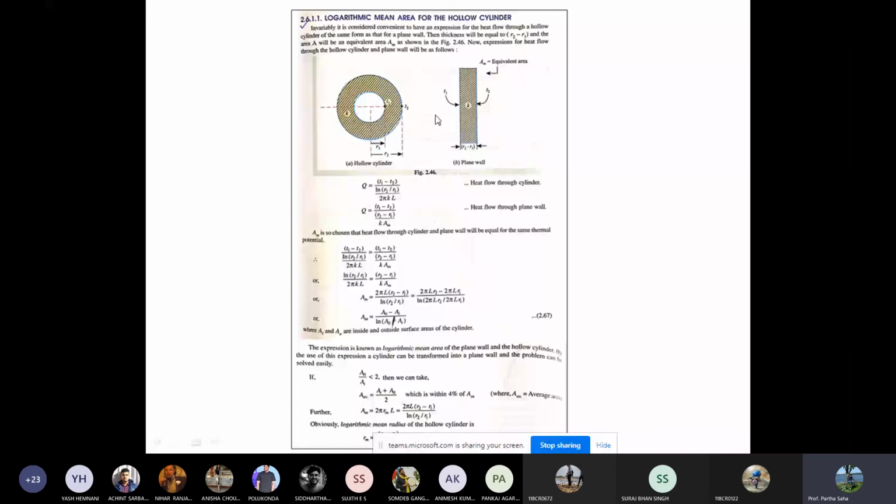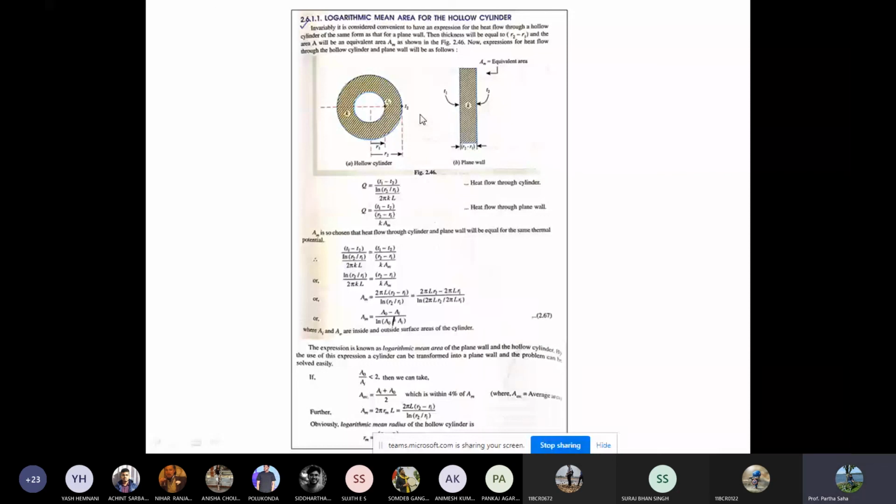What this is saying is that we can replace this hollow cylinder by a plane wall. We consider the plane wall having a thickness R2 minus R1, just like the thickness over which heat loss happens for the hollow cylinder, with temperatures T1 and T2, and an equivalent area AM.